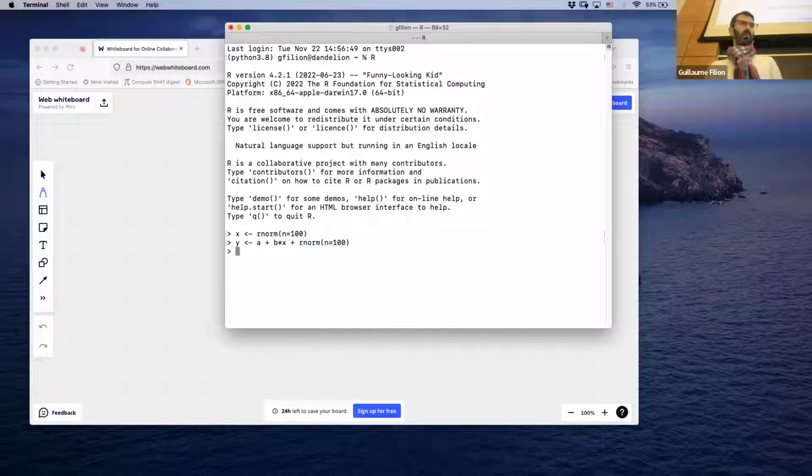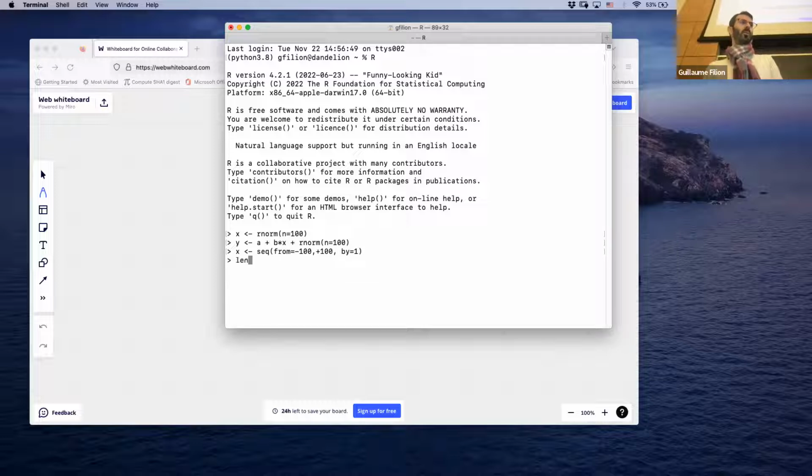And just to make sure that this point hits home, I'm going to say that x is not even a random variable. It's going to be a sequence from minus 100 to plus 100, by 1.